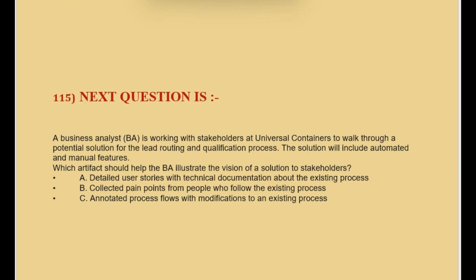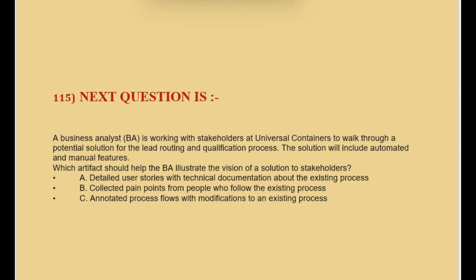Question is a business analyst (BA) is working with stakeholders at Universal Containers to walk through a potential solution for the lead routing and qualification process. The solution will include automated and manual features. Which artifact should help the BA illustrate the vision of a solution to stakeholders?